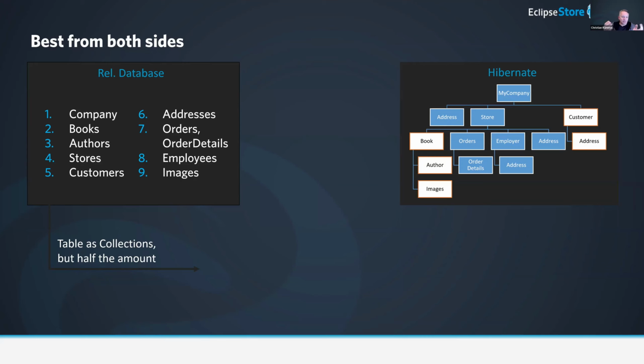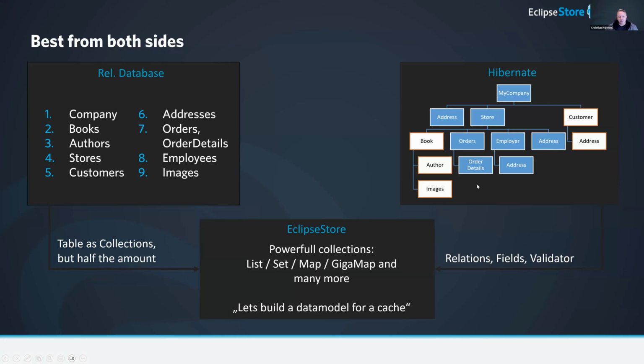Then it makes sense to have a list of addresses, but not at all. And it's the same on different other nodes, I would say. So that means tables as collections, but half the amount. And we choose the relations, fields, and validators from Hibernate. And this creates our data model.